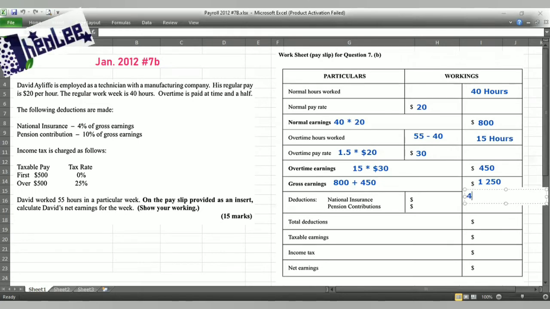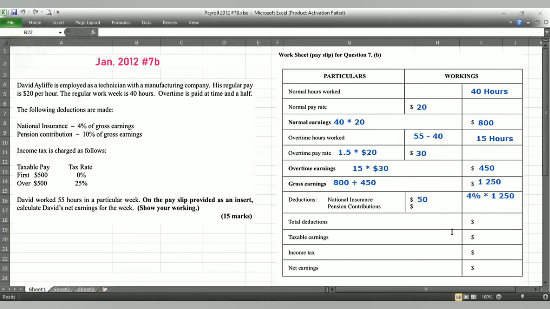So we're going to show 4% times the gross earnings of $1,250, and that gives us a value of $50. So national insurance is $50. Remember, that is 4% of the gross earnings, and that is 4% times the $1,250.